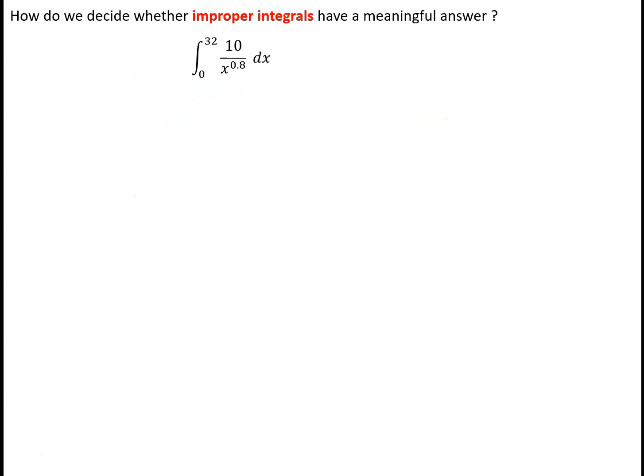But there are other types of improper integrals as well. So what about the integral between 0 and 32 of 10 divided by x to the 0.8? Well, why is this an improper integral? It's improper because 10 over x to the 0.8 is going to give us an infinite value when x equals 0.